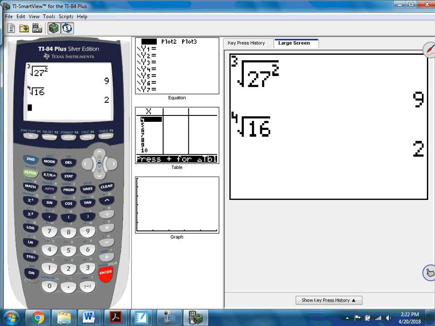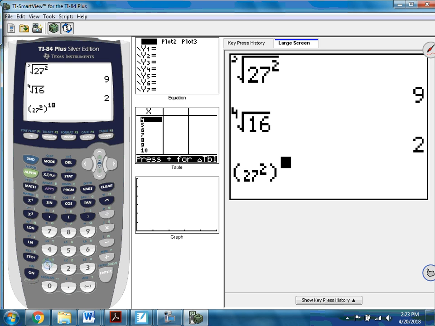But DJ, 27 squared, right? Well, let me show you something cool. 27 squared, I'm going to write that in parentheses. I could take that to the 1/3 power. Isn't taking something to the 1/3 power the same as taking the cube root of it? So you should get the same thing.